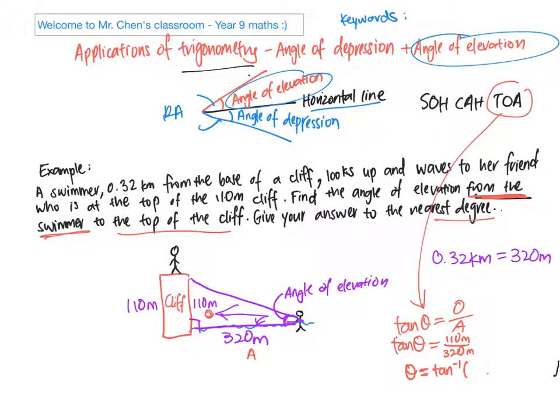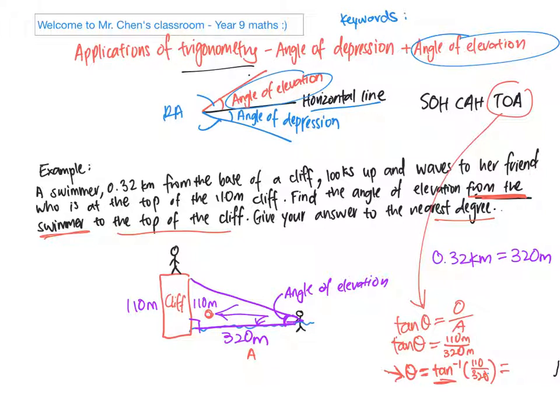I think it shows you how that inverse tangent can be used to find an unknown angle. All you have to do is put inverse tangent, and then put in the bracket the two numbers, and off you go.